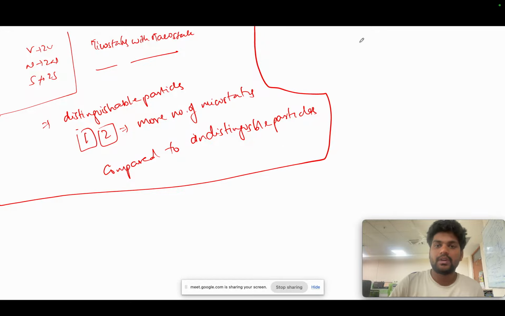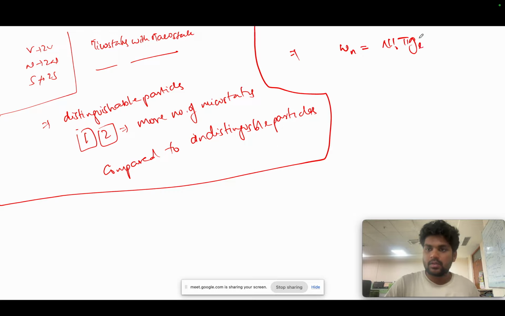Then we followed the new approach and did all the things again, and we found that W equals N factorial divided by the product over l of NL factorial, with GL to the NL, where GL is nothing but the degeneracy level.